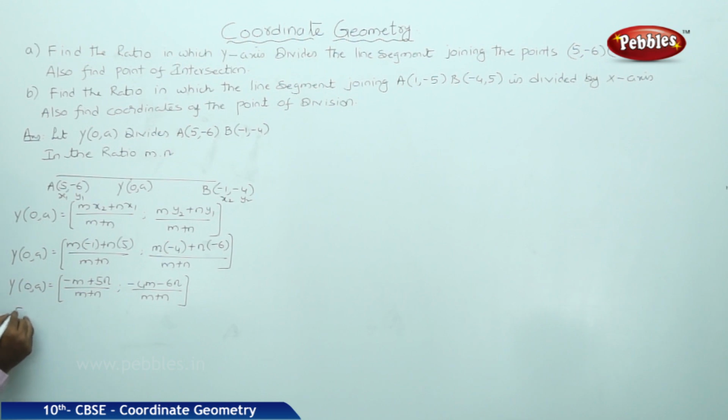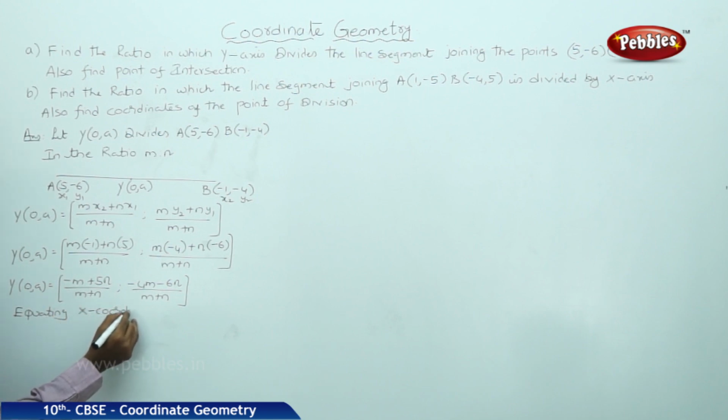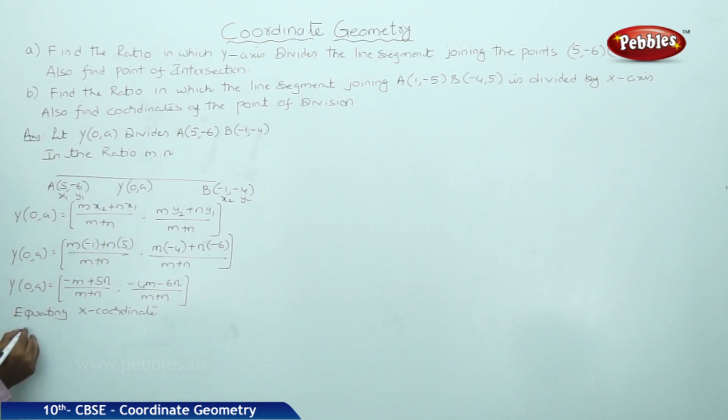Now equating x coordinates. Why? Because here the y coordinate is unknown, that is a. Now (minus m plus 5n) by (m plus n) equal to 0, that is minus m plus 5n equal to 0, as m plus n will be cross multiplied and the right side becomes 0.